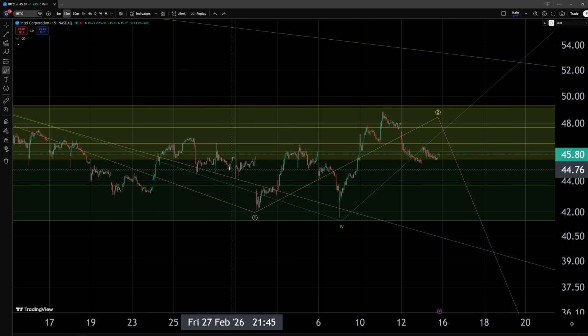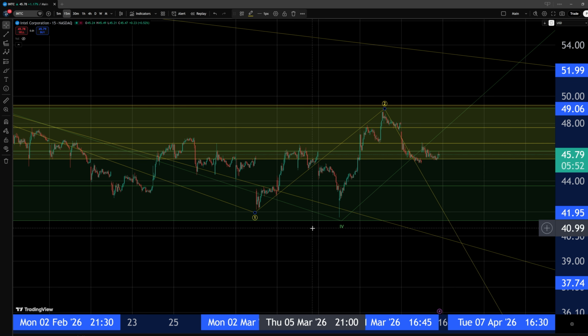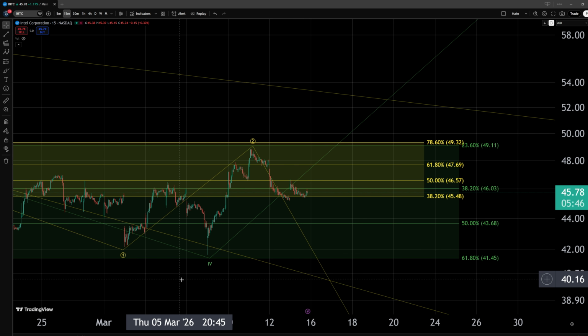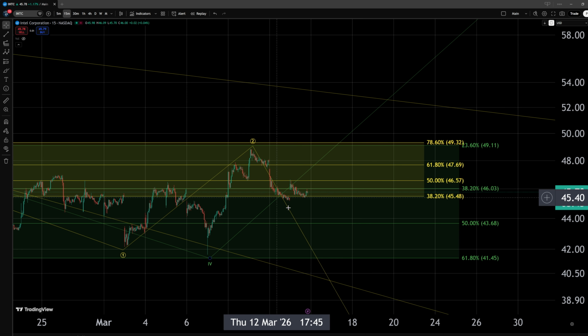So what is being suggested as more probable to me is the idea of a larger A, B, C pattern within an expanded flat correction, which means that this wave 2 in yellow would be able to be considered complete, wouldn't require any additional extensions higher, wouldn't require a reset, wouldn't require us to form another wave to the upside to complete the pattern.